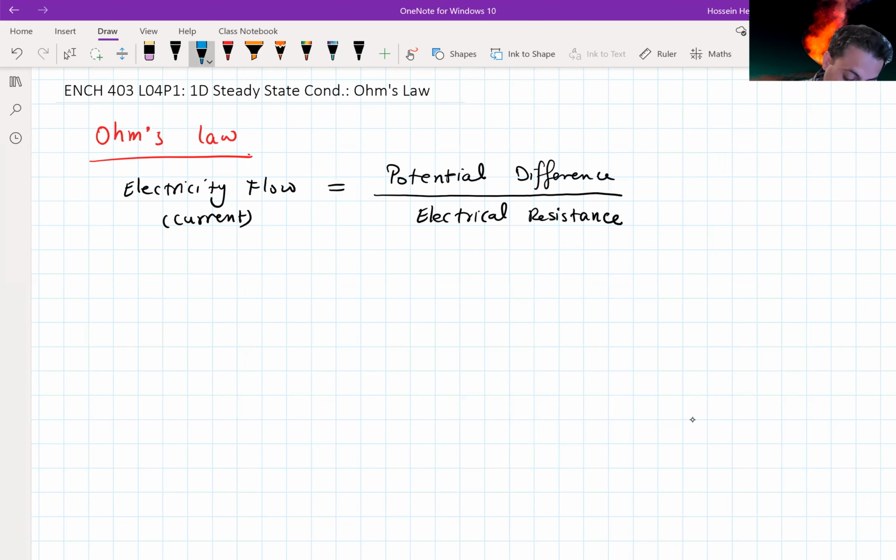So let's say if we have a circuit here, and we have a delta V, let's say here is V1, V2, and this is R. Now the electrical current I passing through this circuit is going to be delta V divided by R.